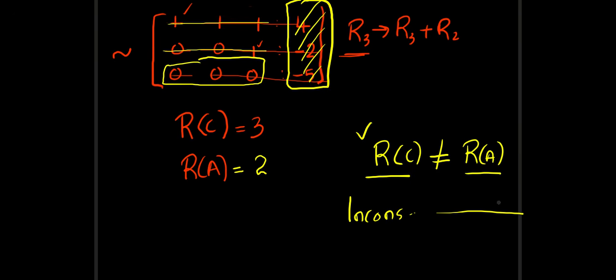That means you will not be able to find a simultaneous solution, or you will not be able to find a solution which will satisfy all the equations together. I'll repeat what I told you long back when I started the video. If you want to understand the geometrical meaning, then make sure you watch the first video in which we discuss about the geometry of linear equations.